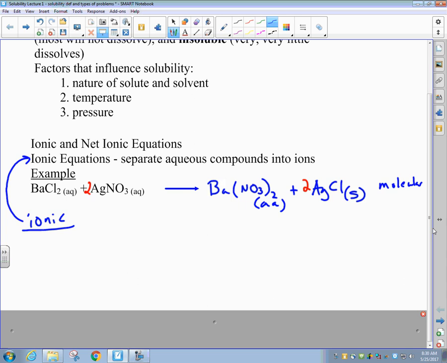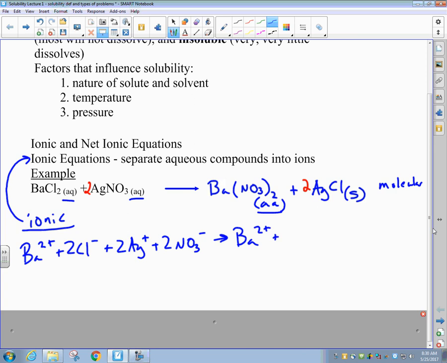So we're going to go ahead and break apart 1, 2, and 3 substances into their ions. So we'll have Ba2 positive plus 2 chlorides, 2 silver ions, 2 nitrate ions, a barium ion, 2 nitrate ions, and the silver chloride will stay as a solid.